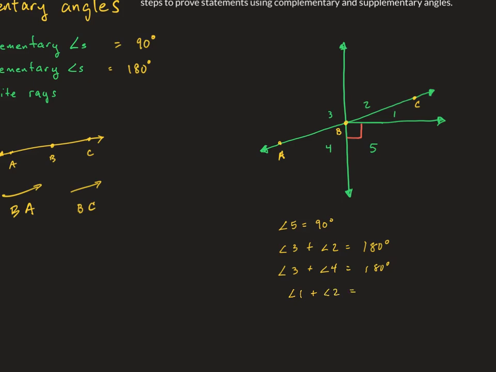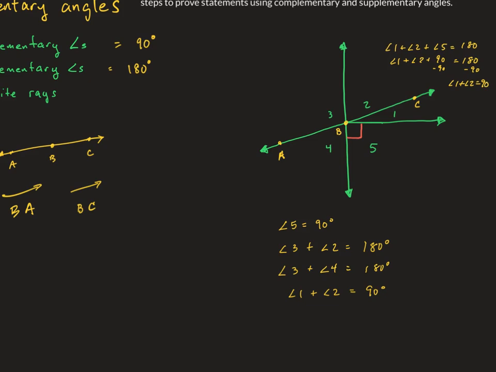They are equal to the other 90 degrees because angle 1 plus angle 2 plus angle 5 is equal to 180 degrees, but we know that angle 5 is actually 90. So that means angle 1 and angle 2 are equal to 90 degrees, or they are complementary.